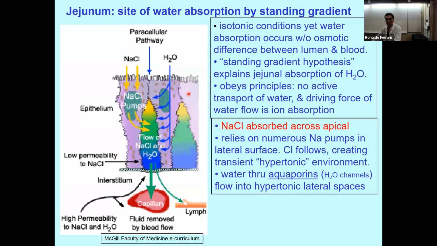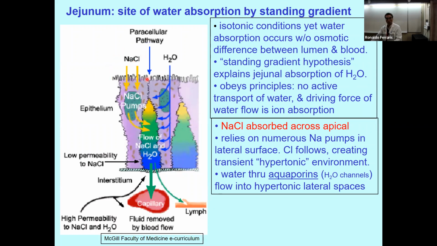Aquaporins are water channels, and the water then dilutes the sodium chloride found between the cells. So these are transient hypertonic lateral spaces. So the way we absorb water when both the blood side and the food side are isotonic is by this standing gradient mechanism.